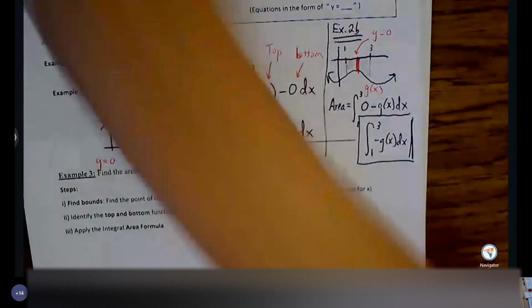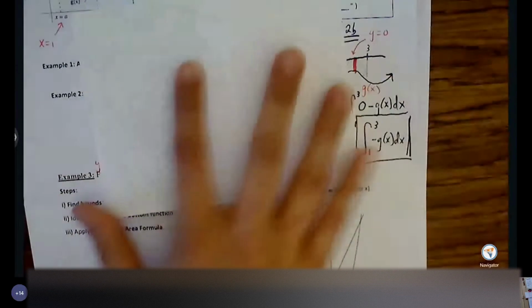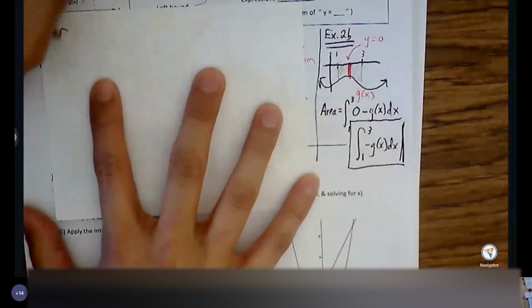Let me just give one more quick example here. Let me call this example 2c.